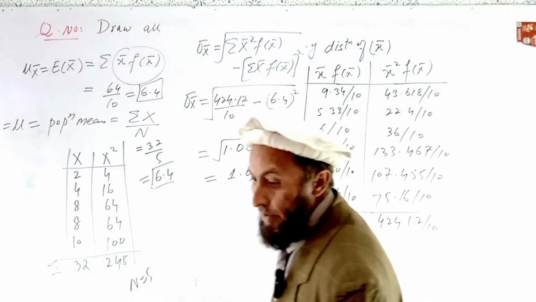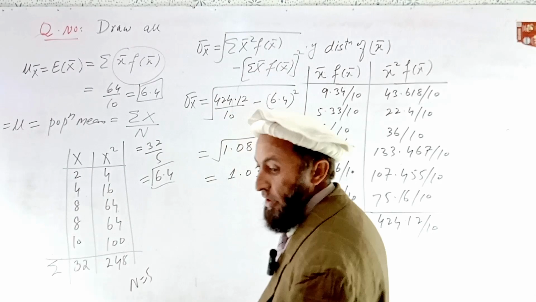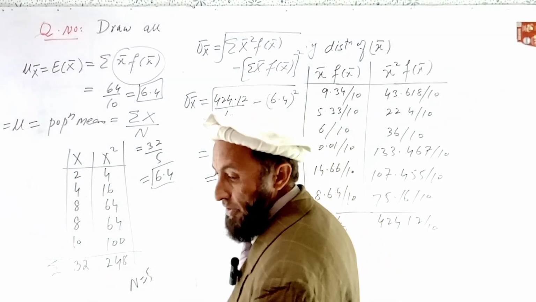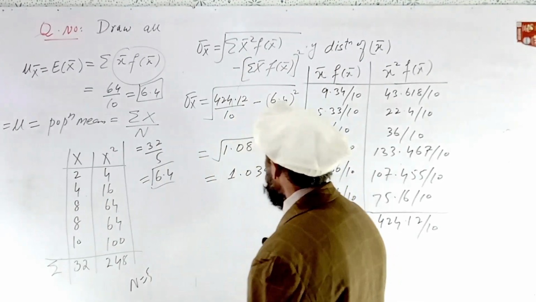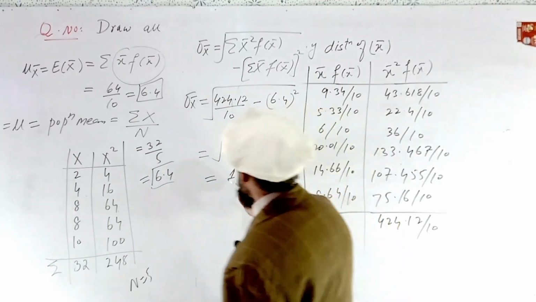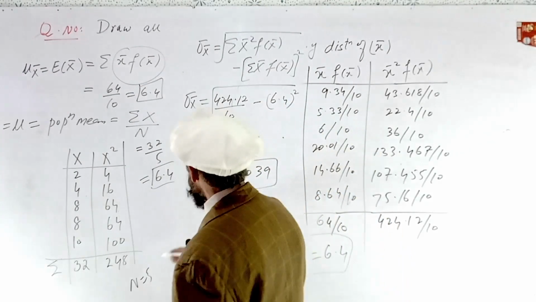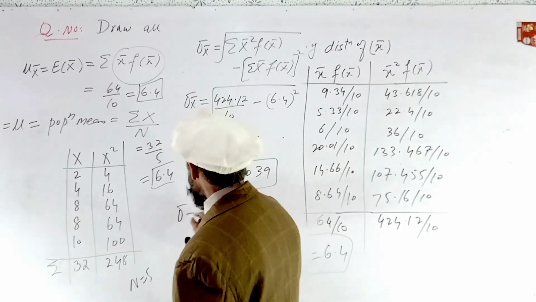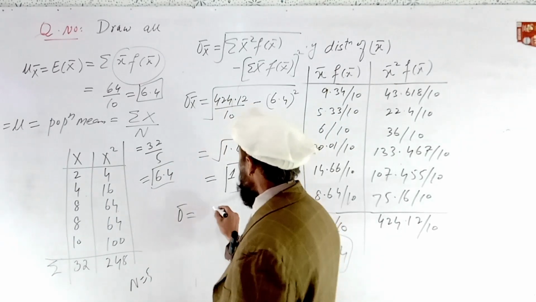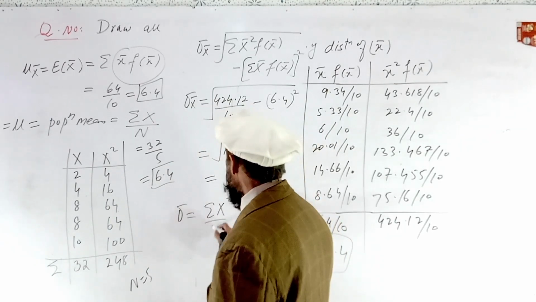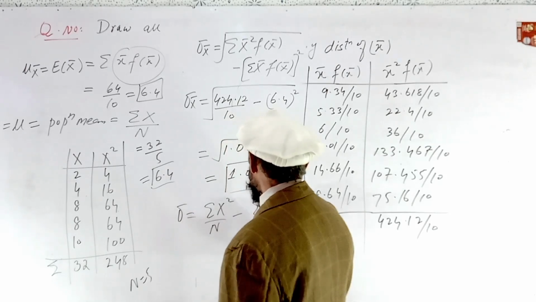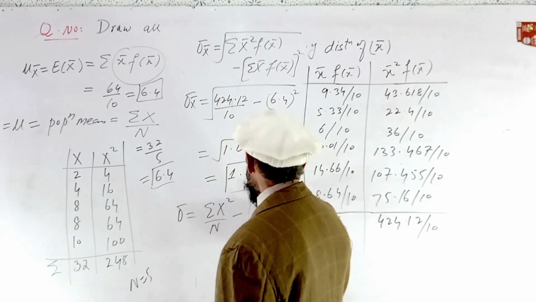Now the population mean and the population standard deviation are also required. We want to verify these results by the population formula. So sigma is equal to the square root of summation x square divided by n minus summation x divided by n whole square.